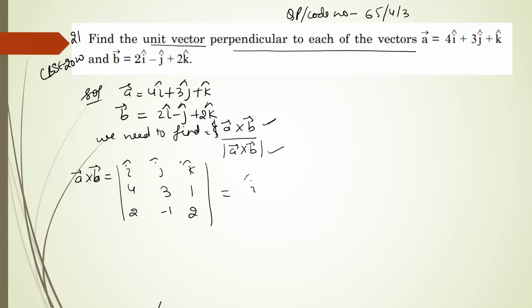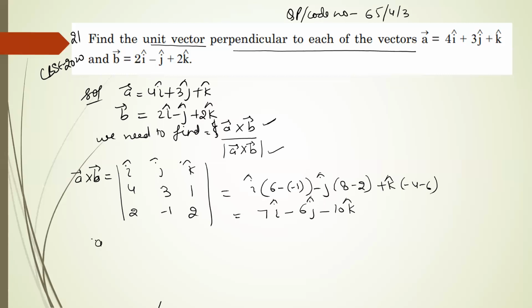Solve. i cap times (6 minus 1), minus j cap times (8 minus 2), plus k cap times (minus 4 minus 6), which gives us 7 times i cap minus 6 j cap minus 10 k cap. So this is the required result of vector A cross vector B: 7i cap minus 6j cap minus 10 k cap.